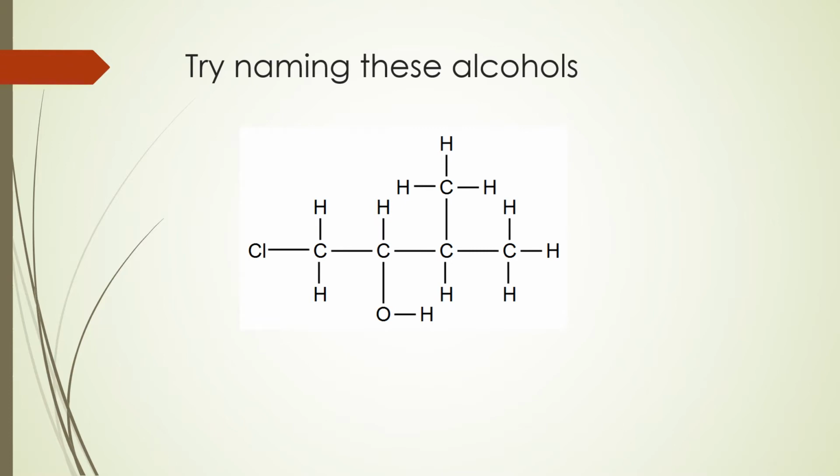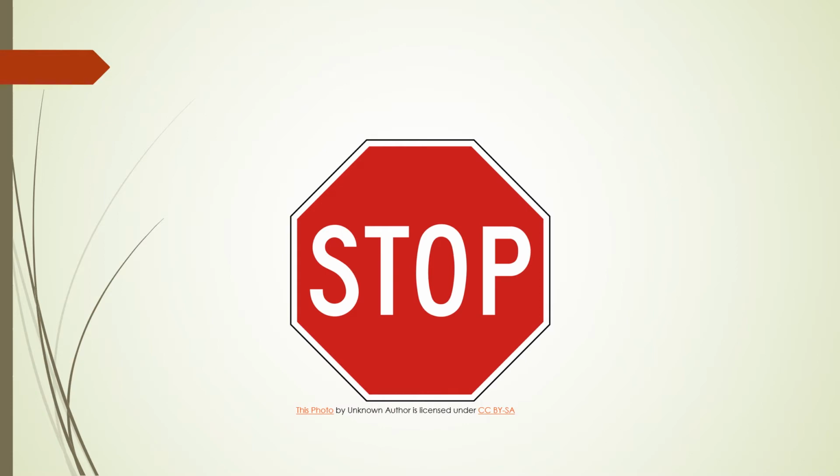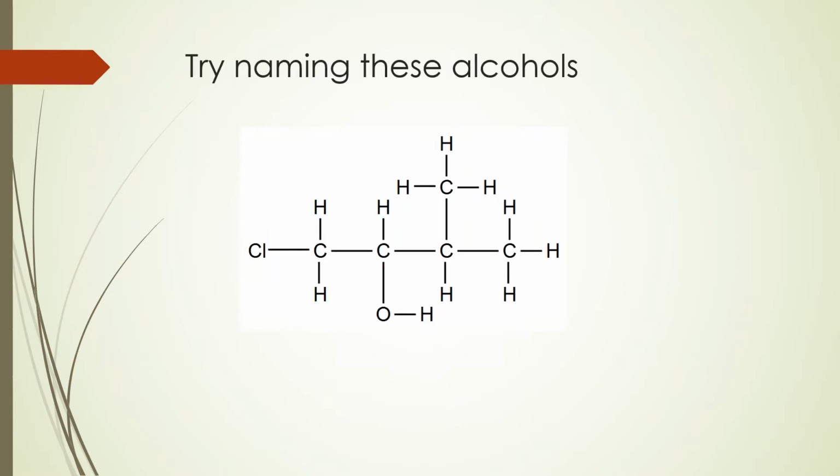Now let's try this one. Stop the video. So find the longest chain containing the hydroxyl group. 1, 2, 3, 4, and we want that hydroxyl group in the lowest position. Now we have a branch here and it's got 1 carbon in it, so it's a methyl, and we have a chloro here.